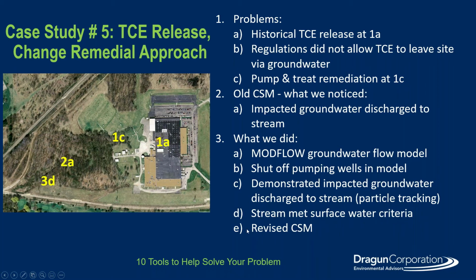So we were able to revise our conceptual site model, turn off the pump and treat, and the outcome was that all the client had to do was monitor surface water leaving the site. There was no remediation required.